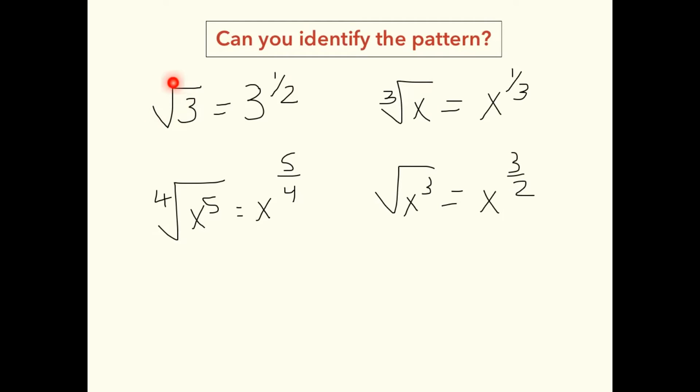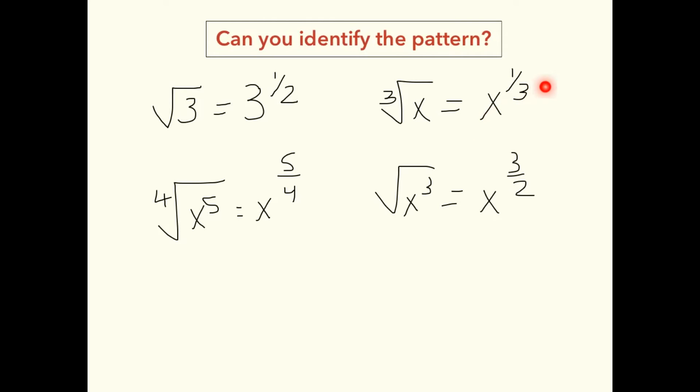And then whatever the nth root is becomes the denominator in this fraction. So x to the 5th, and then the 4th root, and that's why there's a 4 here as the denominator. Here's the x with the 1, and then the 3rd root, and that's what goes here on the denominator. So the 3rd root of x is x to the 1/3.